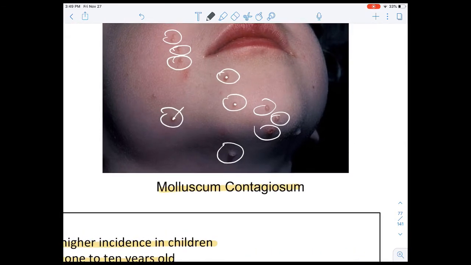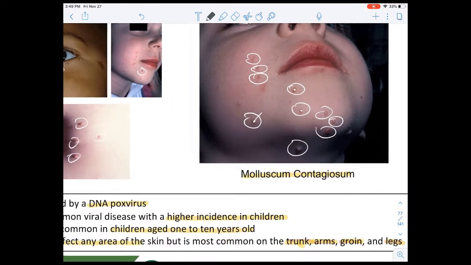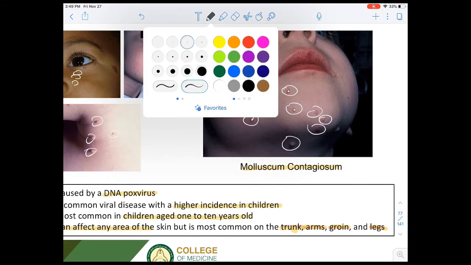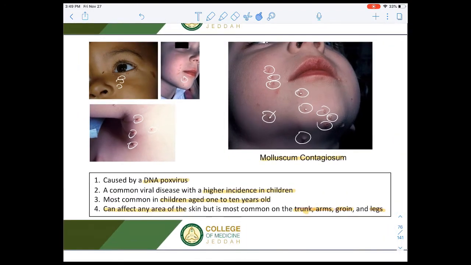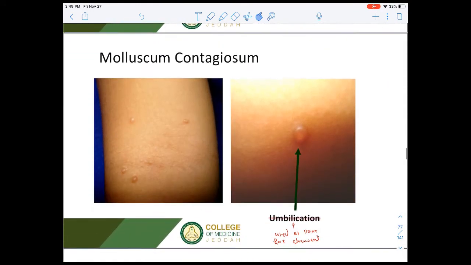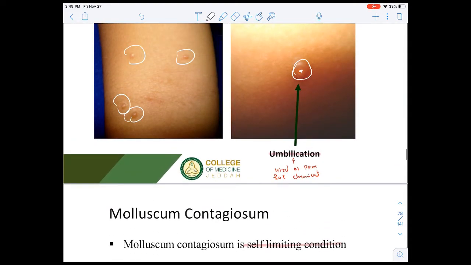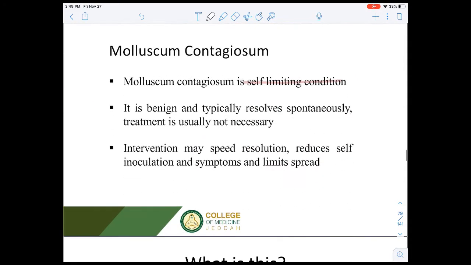So in children, you would see a lot of lesions, but in adults, it's more of a single lesion rather than multiple lesions as observed in children. So here is the umbilicated lesion, and again, same color as the flesh surrounding it, right? And again, the umbilication here.